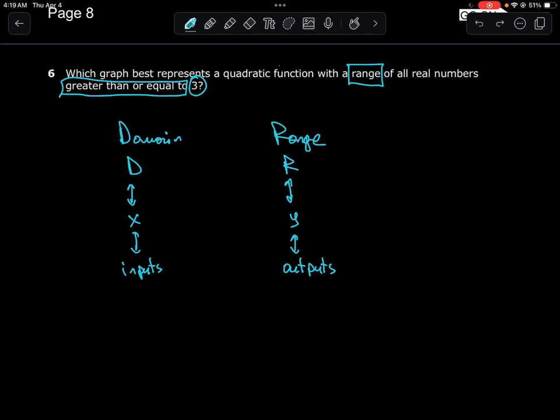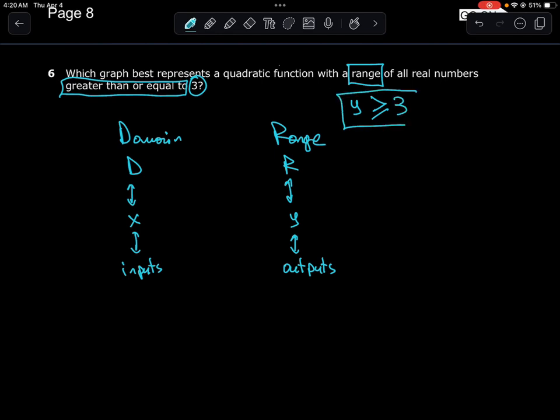Okay, here we want the range. Range means y. So y greater than or equal to 3. Greater than means the big opening goes to y, the small opening goes to the smaller one.